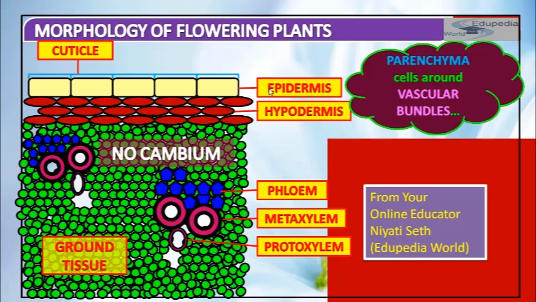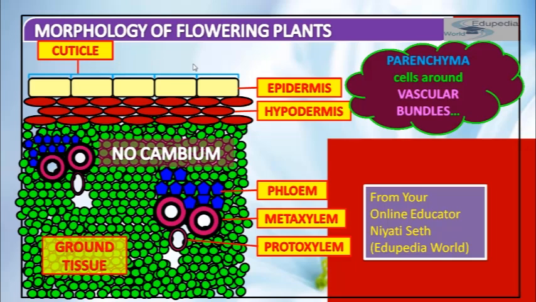First is your epidermis, which is the outermost covering of the stem, represented by a single layer of compactly arranged barrel-shaped cells. They are parenchymatous in nature. There is no intercellular space present between the epidermis cells, students. Trichomes are absent.